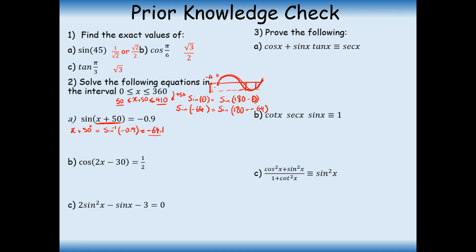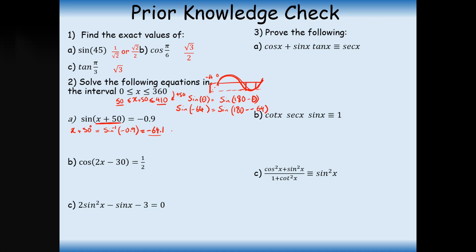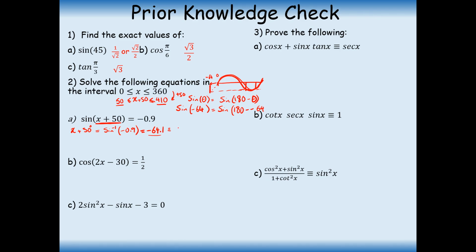That means that we add 64.1 to 180, and the first answer that it's equivalent to, not equal to but equivalent to, is 244.1. So this is where 244 comes from.